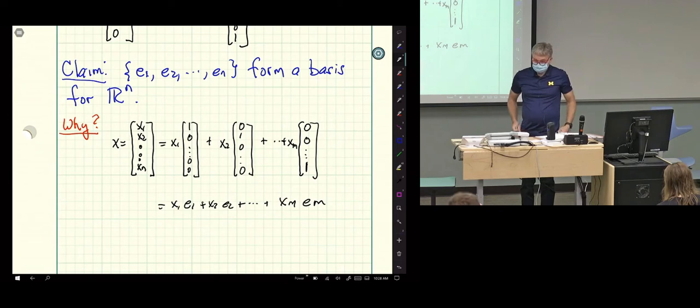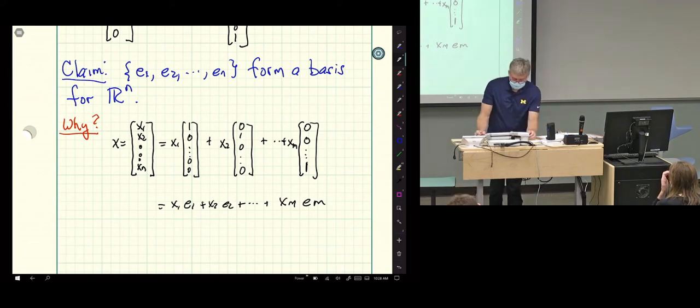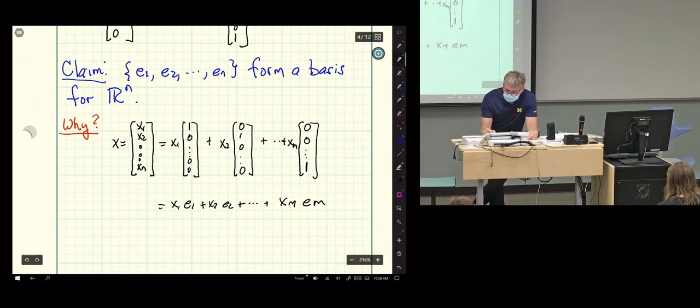That's cool. So I took an arbitrary point in Rn, and I wrote it as a linear combination of these.